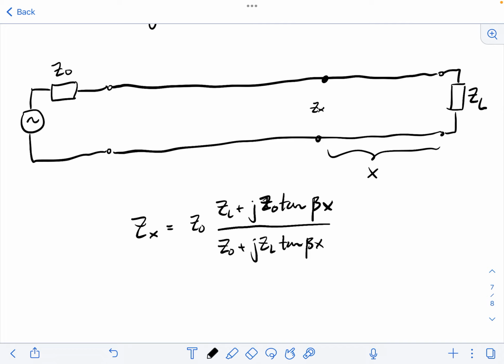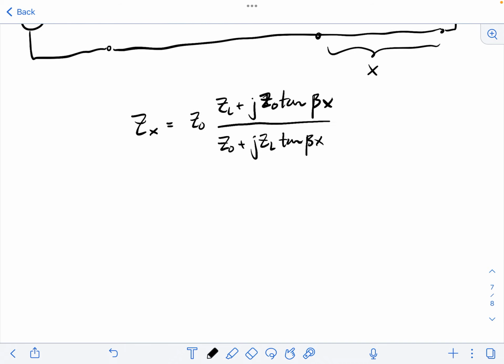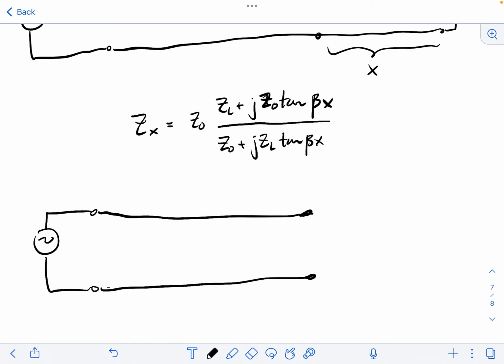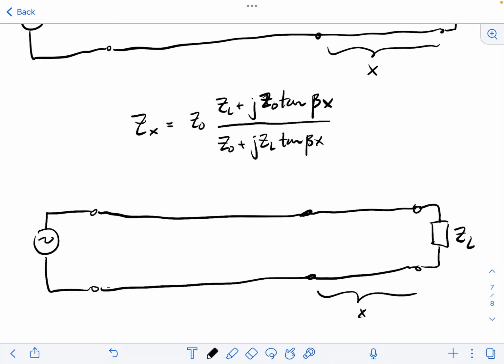So what we're going to do then is, in the next step, we'll take that same junction, and so we still have this section of length X, and it's terminated by an impedance ZL, and we're going to connect another parallel transmission line, and we can attach whatever we want to it, but maybe we leave a short circuit.